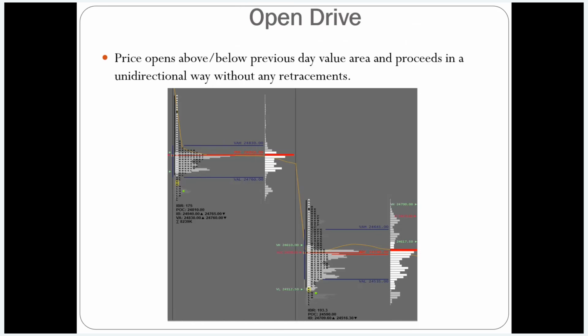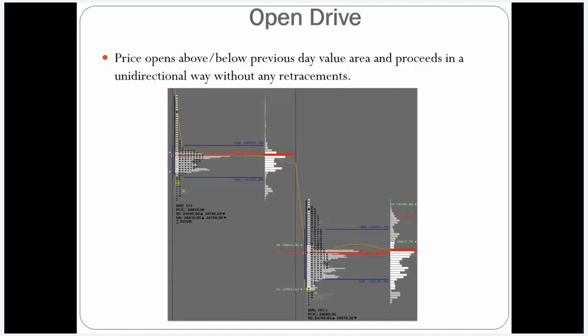So opening type, one of my most favorite open types is open drive. If you see my tweets, a lot of times I talk about open drives, open drive and open test drive. It's a classification of the same open drive. So open drive is nothing but when price opens above or below the previous day's value area or even the previous day's range, and then proceeds in a unidirectional way without any retracement.